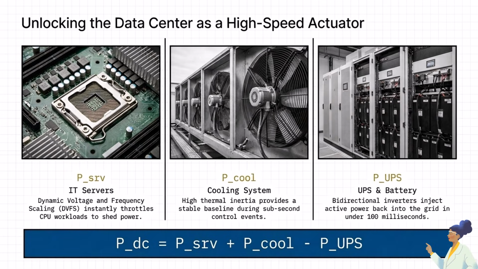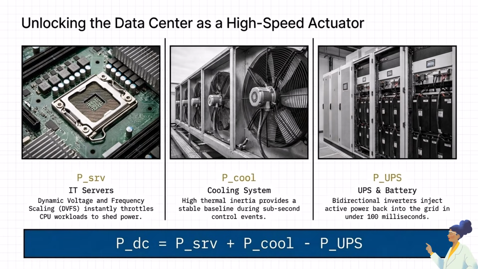First, the IT server power, P_SRV. Modern servers use dynamic voltage and frequency scaling, or DVFS. This means we can instantly throttle down CPU workloads to reduce power consumption in a matter of milliseconds.